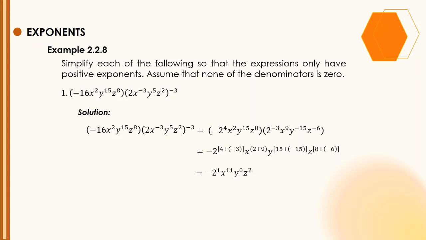Z squared kasi 8 minus 6 is 2. Take note, y to the power of 0 is equal to 1. So this will be equal to this one. That is negative 2x to the power of 11 z squared. So ito yung final answer.